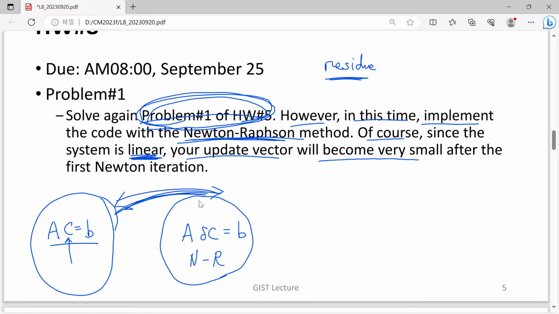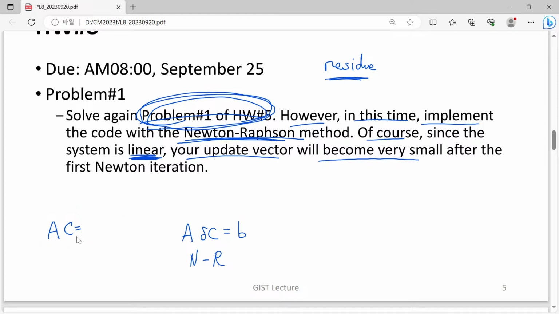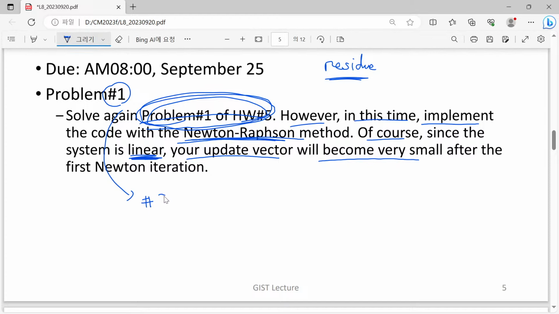Okay, do you have any question on this homework number one? Anybody? So it seems that this is not that difficult. The only reason I give you this homework problem one is because homework problem two is related with a real non-linear system.